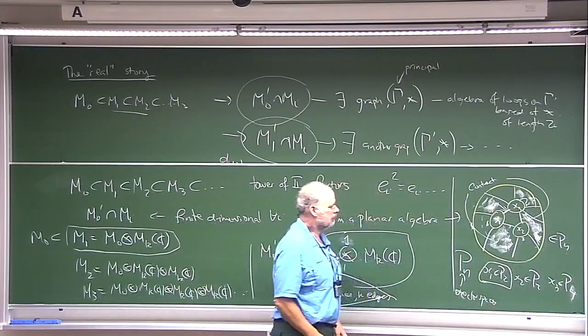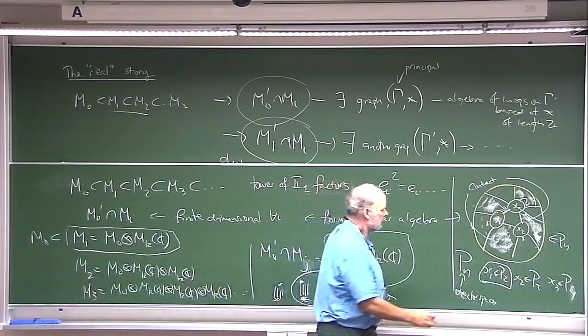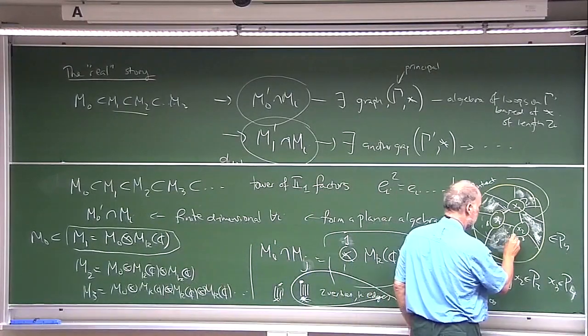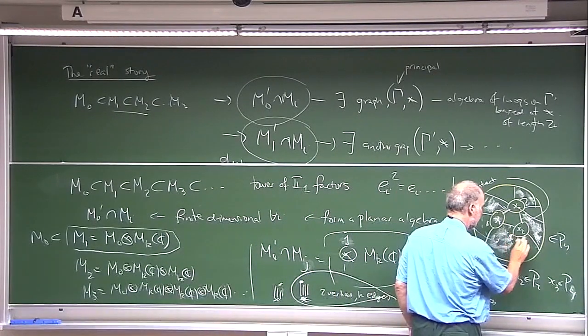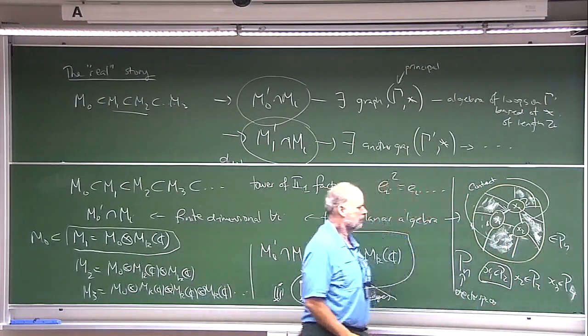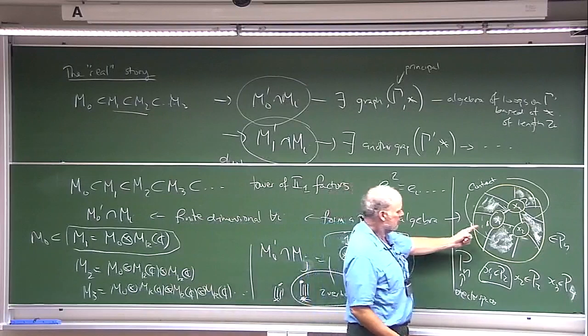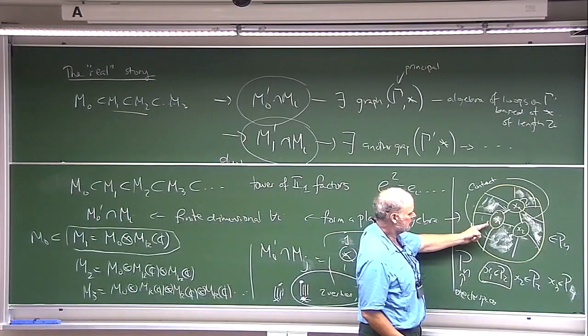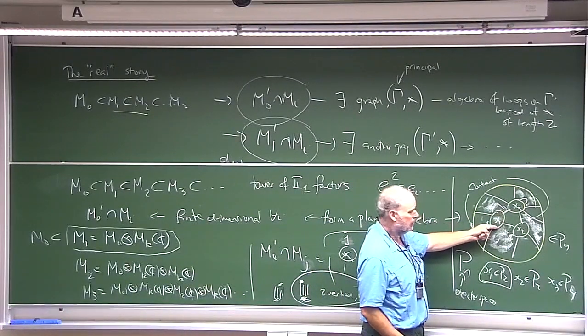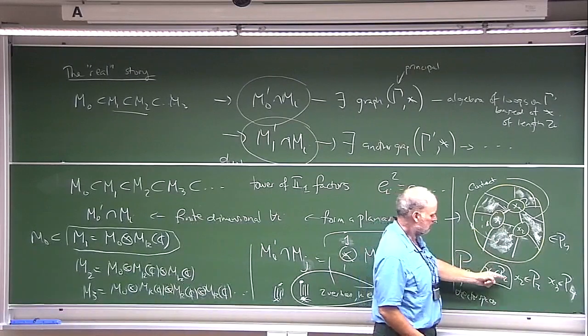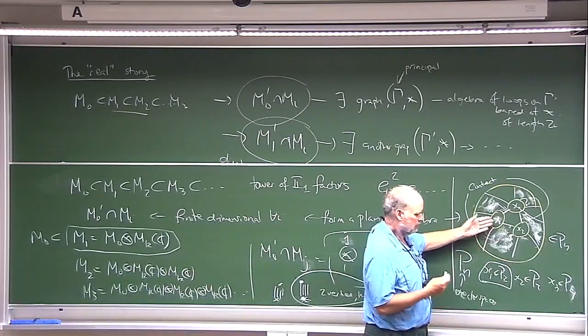And the idea is, the dollar signs might be in shaded or unshaded regions. So the shading is part of the data of the tangle, and the idea is if the dollar sign is in the unshaded region, the element that you put in here is in the original subfactor.